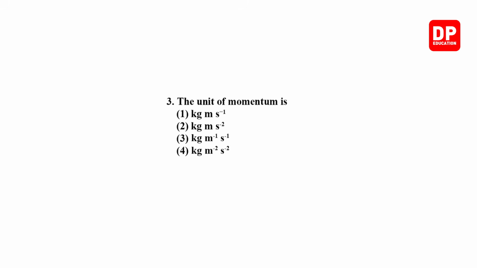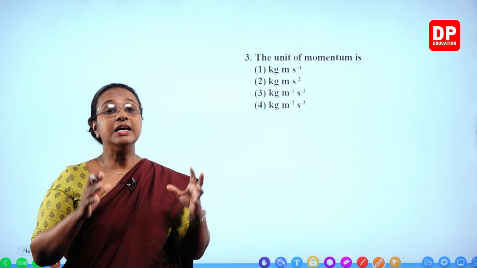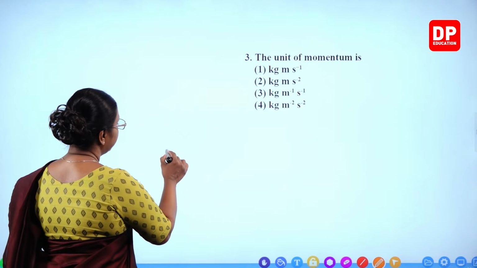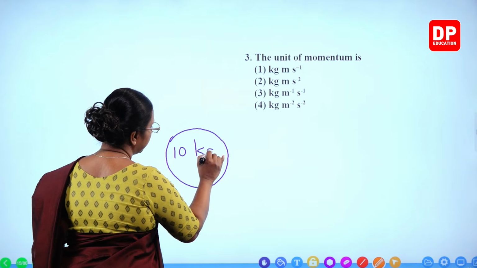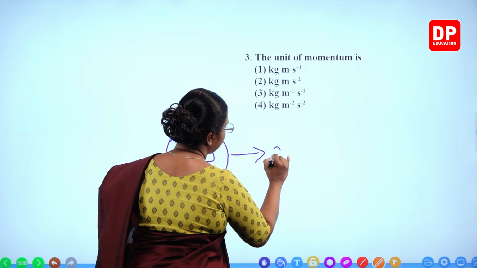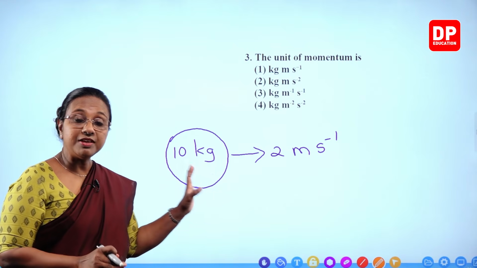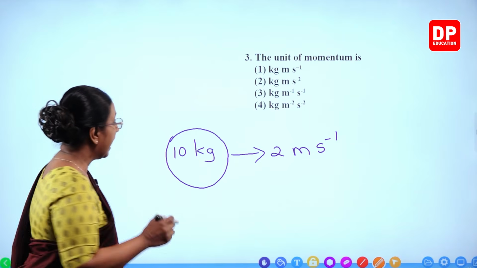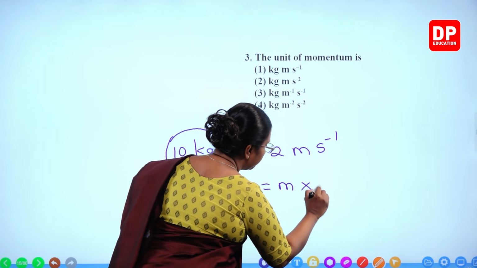Now here, the unit of momentum is. Now what is momentum? Momentum, you all know, is the difficulty in stopping a moving object. So let's say there is a sphere that has a mass of 10 kilograms, moving with a velocity of 2 meters per second in this direction. Then the difficulty of stopping this moving object is what we call momentum, and that is defined as momentum P is equal to mass into velocity.